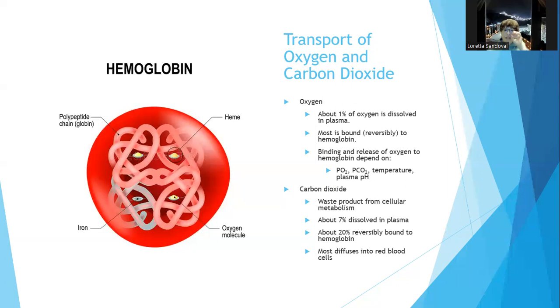So even though carbon dioxide exists in ion form as bicarbonate ion for the buffer system, it also is reversibly bound to hemoglobin. Most of it diffuses into red blood cells. So 7% dissolved in plasma, 20% reversibly bound to hemoglobin, and most of it just diffuses into the red blood cells across the cell membrane. So carbon dioxide can just do that.